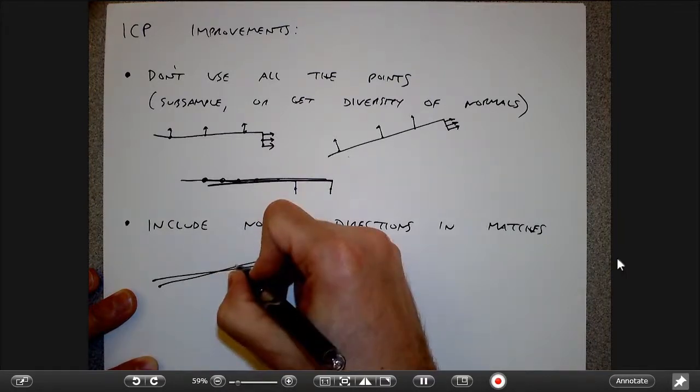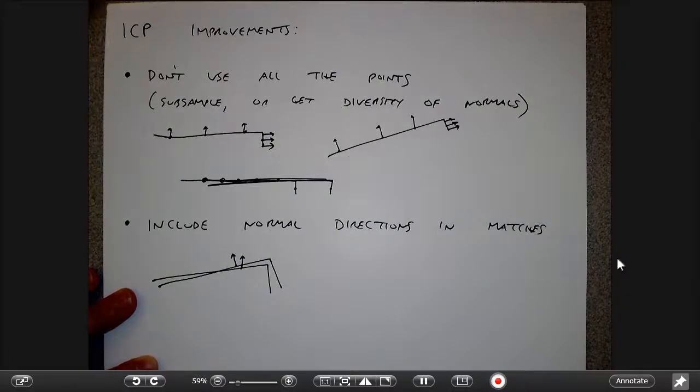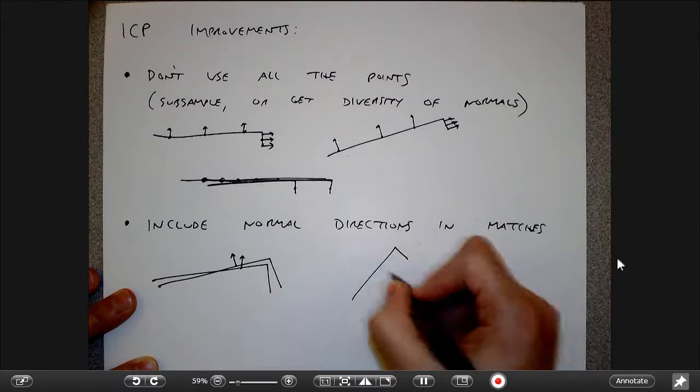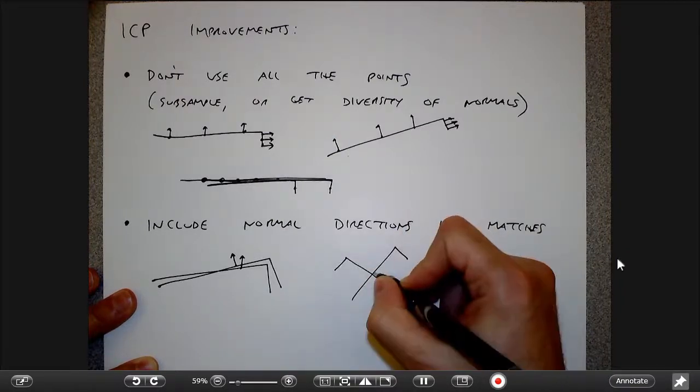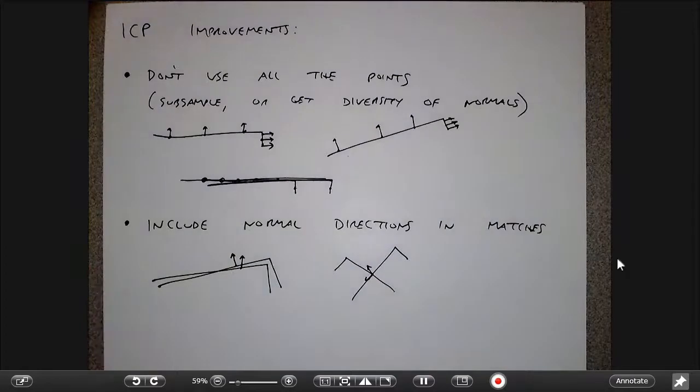I'm willing to match this with this because the two normals are pretty close together, but I don't want to match this normal with this normal, because those two normals are far apart. It's not going to help me make the registration any better if I'm matching points that are crazy. So the idea is that I only want to use those matches that I think are going to get me closer to the solution.